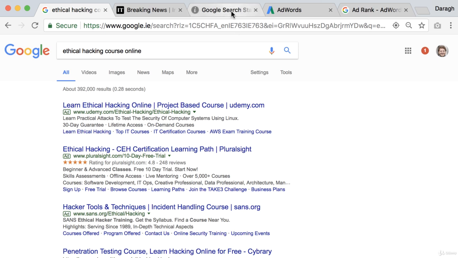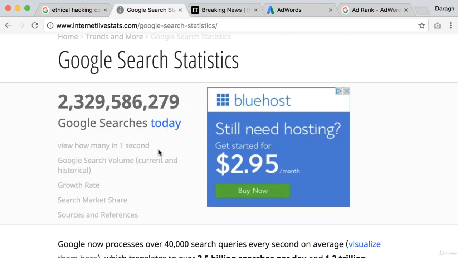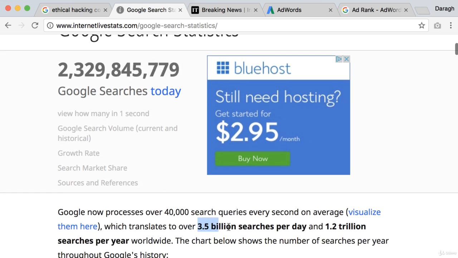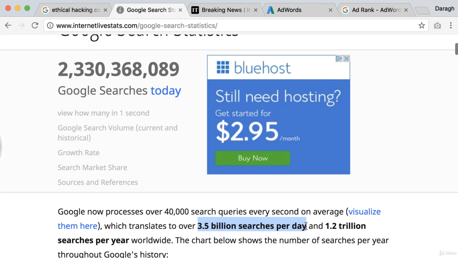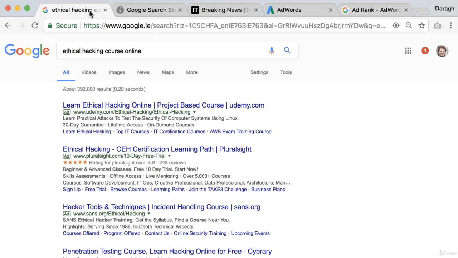And if you want to get a scale of how many advertising slots they've got, you can see on this Internet Live Stats website that Google gets over 3.5 billion searches per day. This is a live counter of it here. If there's 3.5 billion searches, a lot of those terms can have advertising space sold for them.